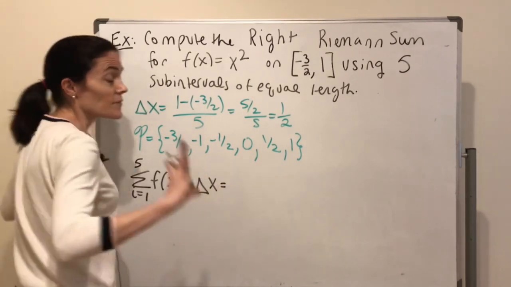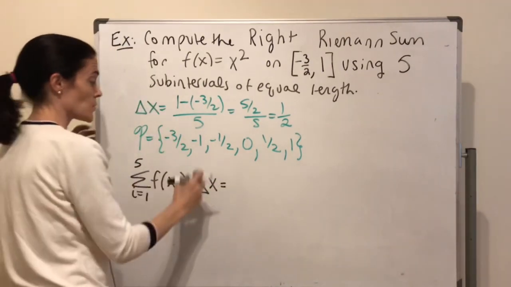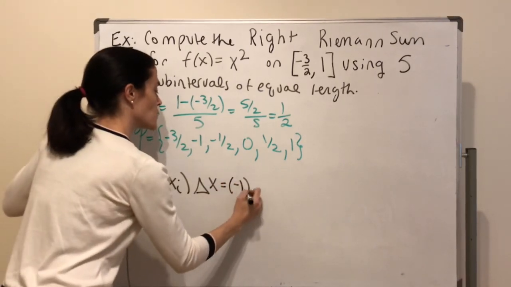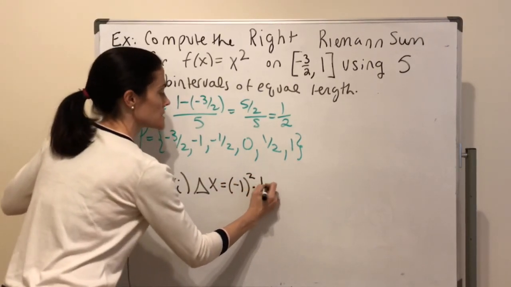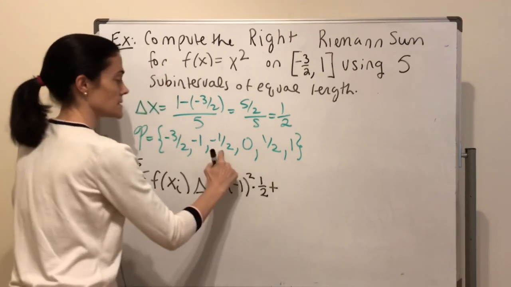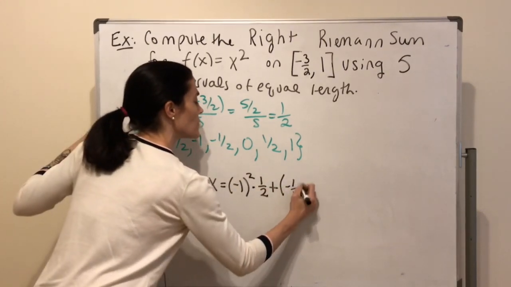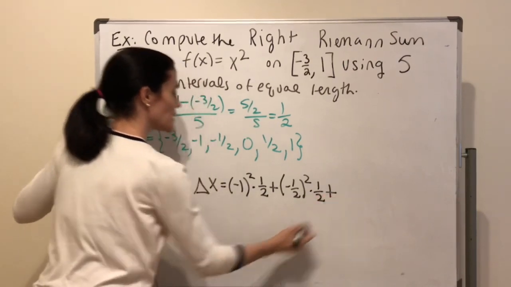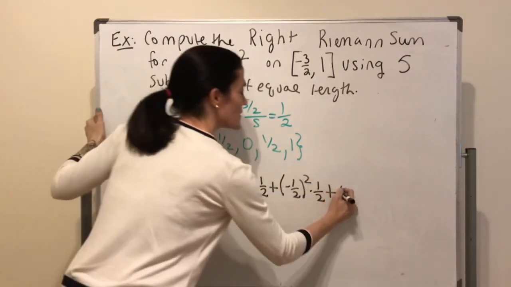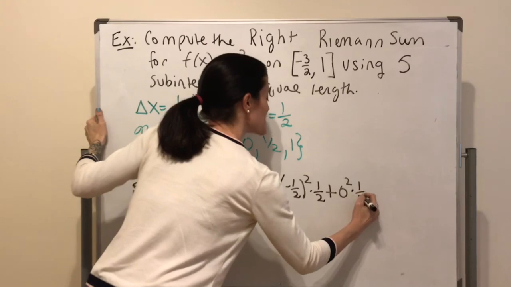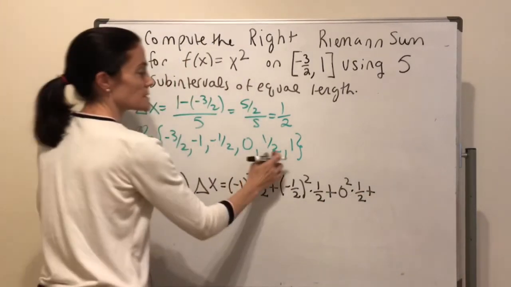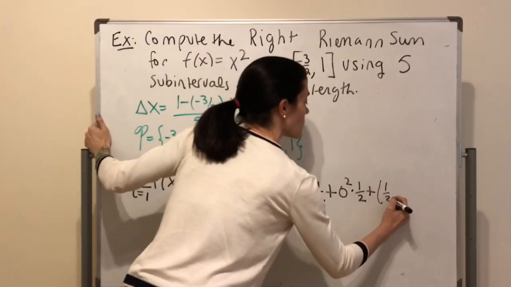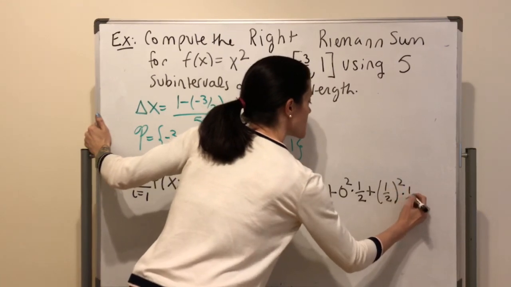Okay, the function value is x squared, so we get minus 1 squared times delta x plus minus 1/2 squared times delta x plus 0 squared times delta x plus 1/2 squared times delta x.